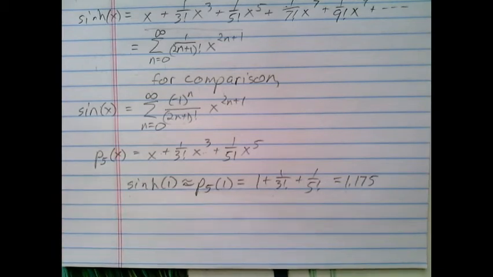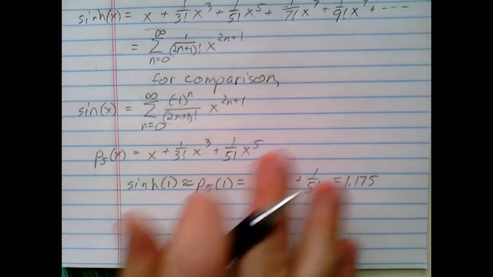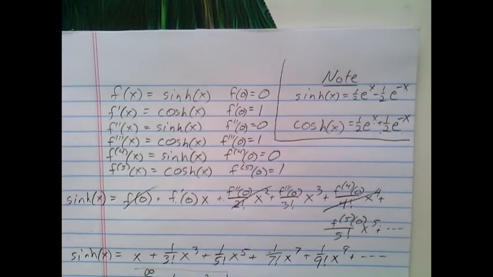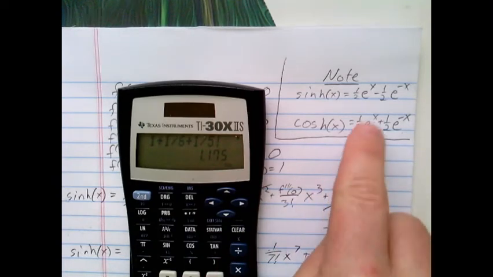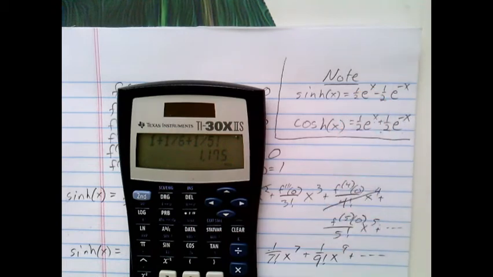Let's compute the exact value of hyperbolic sine just for comparison. To compute the exact value, I'm going to have to use this formula up here. If you happen to have a calculator that has a hyperbolic sine button, you can make use of that, but otherwise, we can always go back to this.